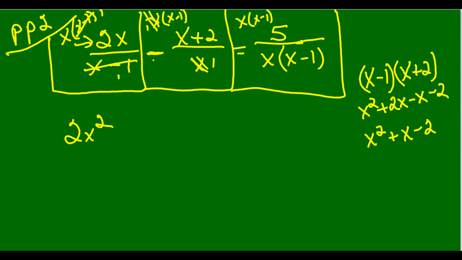Okay, I can put that down now, or I can remember that I'm subtracting this trinomial now. So I'm going to subtract it out here in my work area, and I'm going to put in my results here. So it's going to be negative 1 times x squared is negative x squared. Negative 1 times x is negative x. And negative 1 times negative 2 is positive 2.